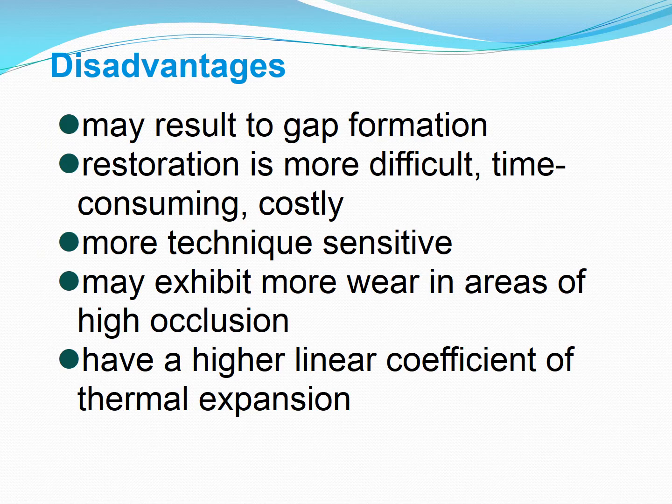It may exhibit greater occlusal wear in the area of high occlusal stress. لذلك it is contraindicated في the area of higher occlusal stress. It has a higher linear coefficient of thermal expansion. لذلك المارجن ممكن انه تفتح عندنا اذا كان عندنا inadequate bonding technique.